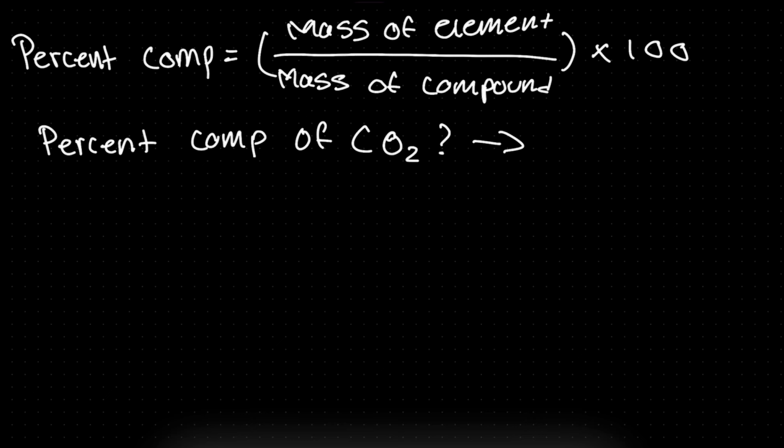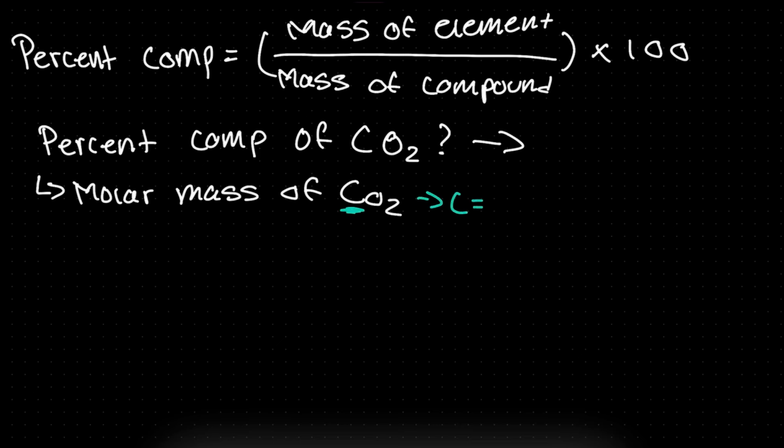So let's do this step by step. So what's the first step? Find the molar mass of CO2, right? So first we got to get carbon. What is carbon's molar mass? It's 12.01 grams per mole.